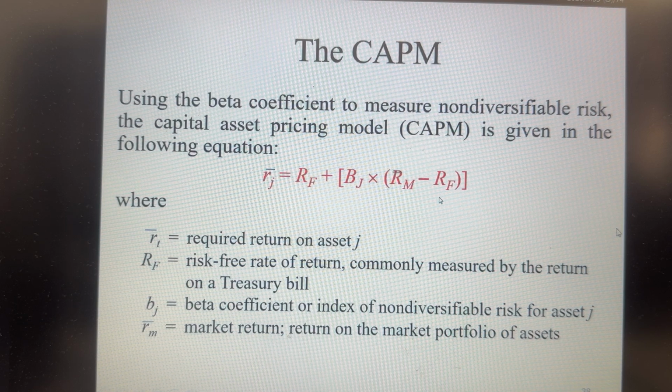It is the market risk premium multiplied by the beta. RM bar is the average market return minus the risk-free return. That is called the market risk premium. Market risk premium multiplied by beta is the risk premium. So the risk premium plus the risk-free rate is the expected or required rate of return on the stock.